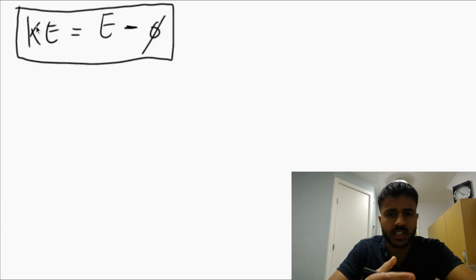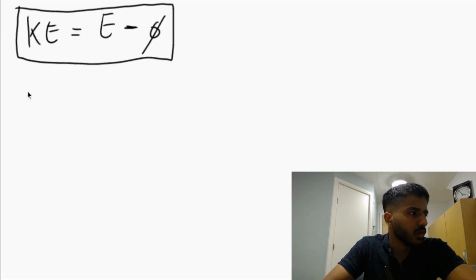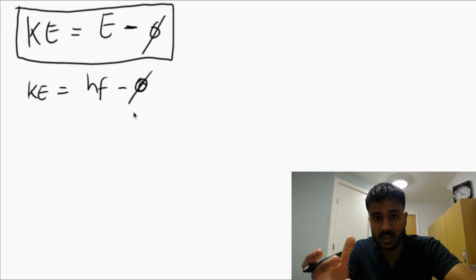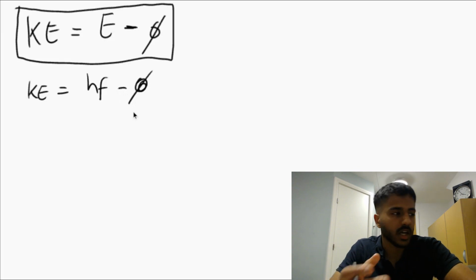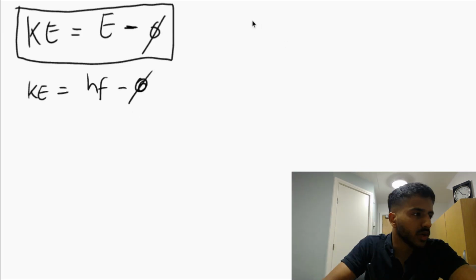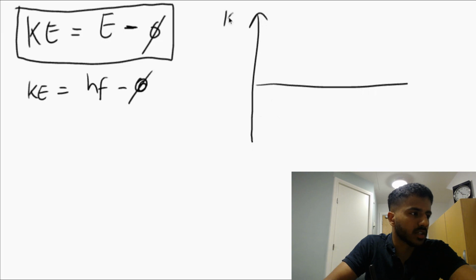So what I can do is I can actually play around with this equation. Well, we know that E is equal to hf, so I could rewrite this as the kinetic energy is equal to hf minus the work function. So if I was carrying out an experiment, and I could determine the kinetic energies of these electrons released, and the frequency of the photons emitted by the generator was known, we could then plot a graph of kinetic energy on the y-axis against the photon frequency.